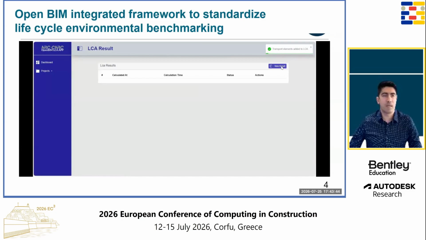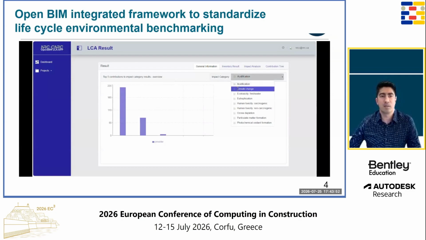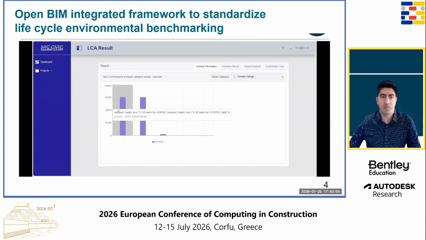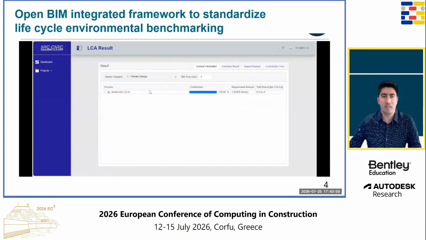And as you can see, we are using all open source engines behind the scene in terms of reporting the results, and specifically the results related to climate change that we are mainly looking for, and also reporting the contribution tree.